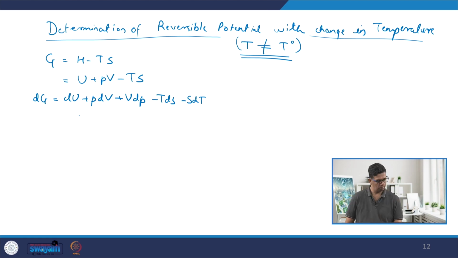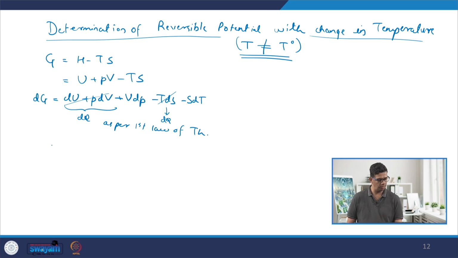From the first law of thermodynamics, dU plus P dV is nothing but dq, and T dS is also nothing but the heat transferred. So, this dq cancels the other dq.